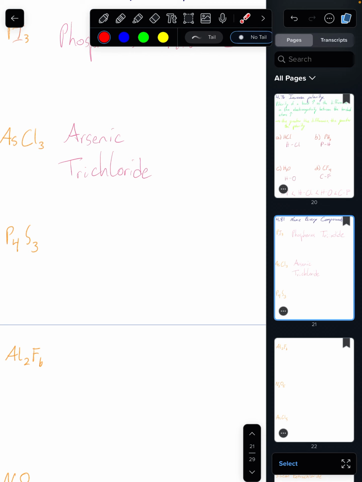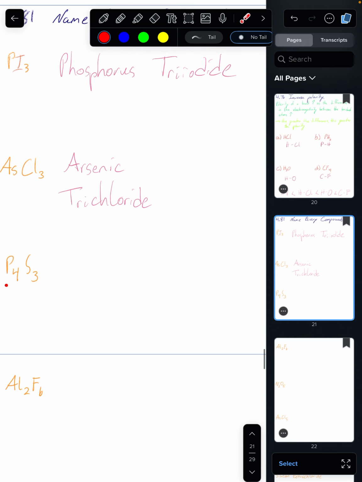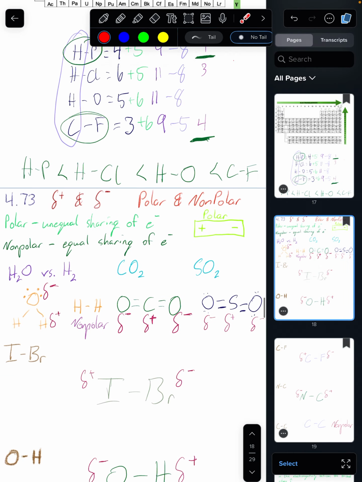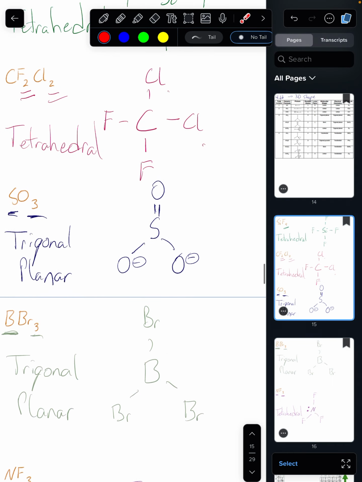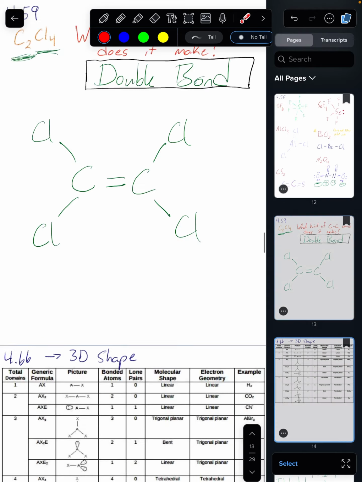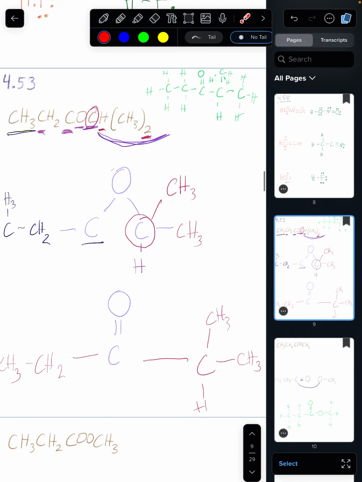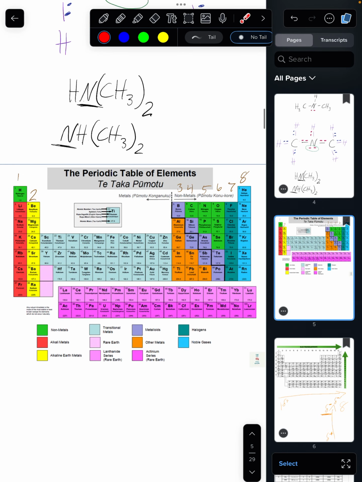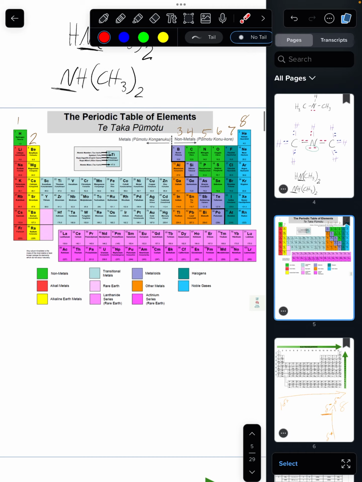In this next case, this one here, they are not balanced, basically. Okay, so we have that phosphorus and we have that sulfur. As we keep scrolling up to our table, we have that phosphorus and that sulfur.